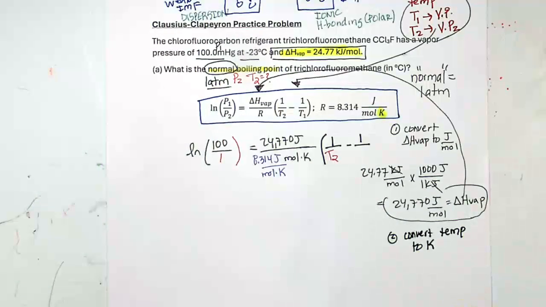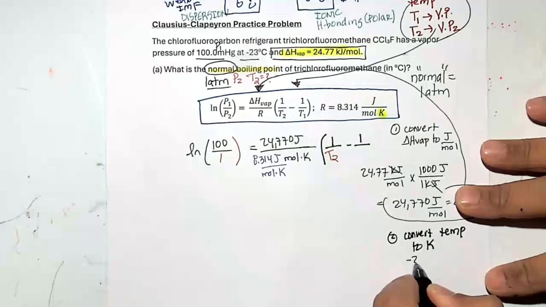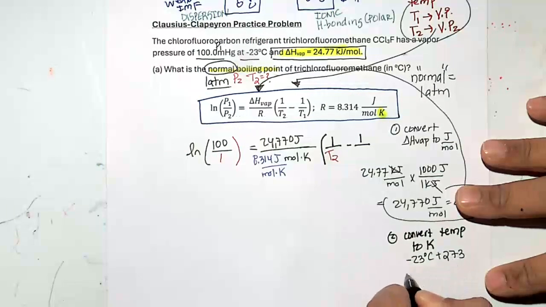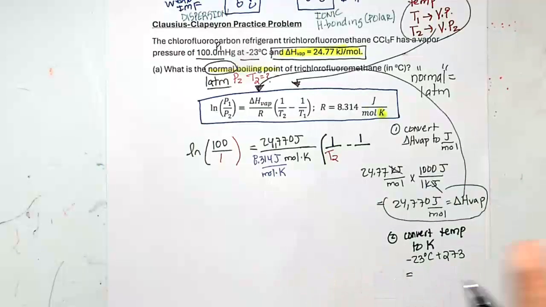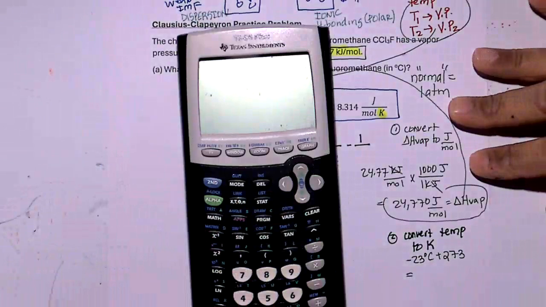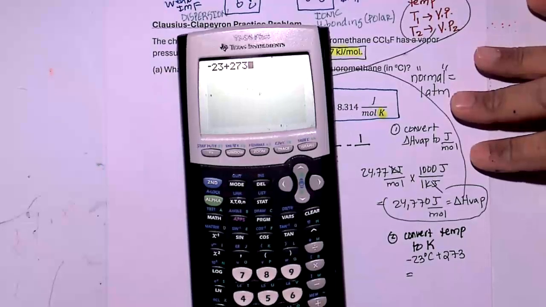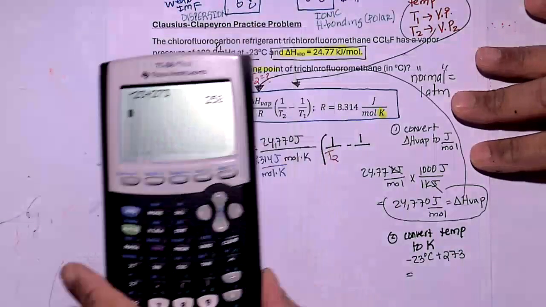Because our constant has units of Kelvin. So what's minus 23 plus 273? Let's quickly do that here. I'm getting 250 Kelvin.